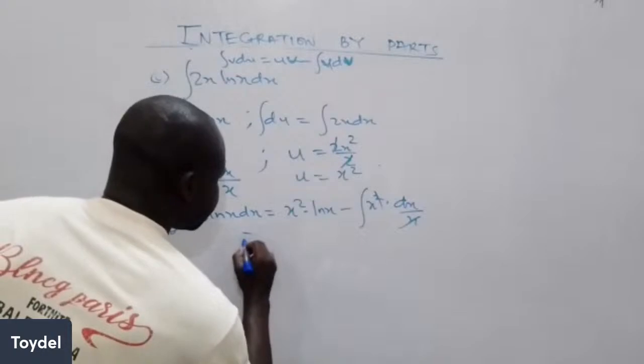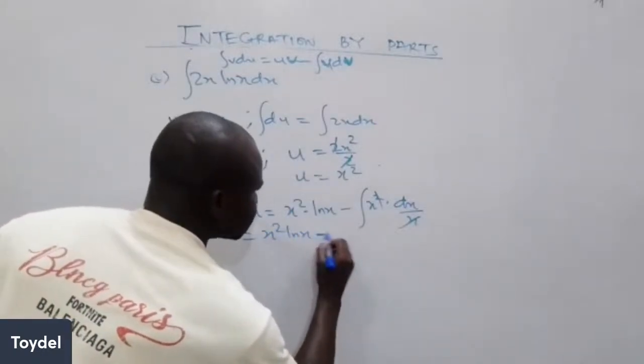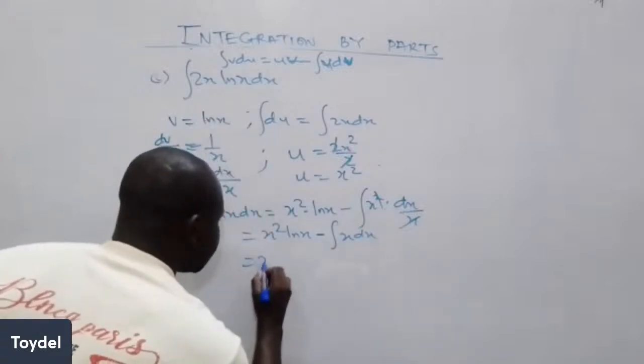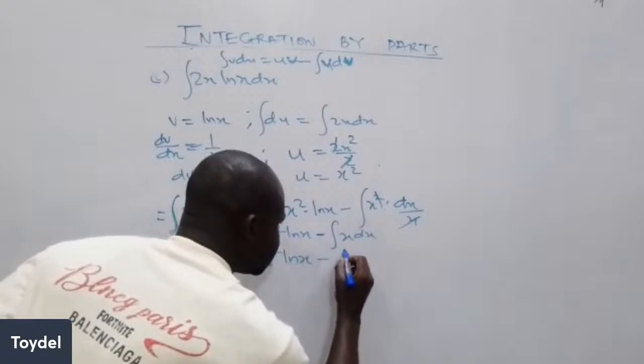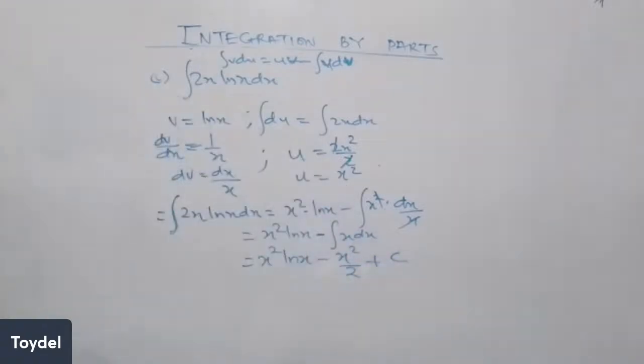Then here we have x squared ln x minus integral x dx. So here we are going to have x squared ln x minus, if I integrate this, x squared all over 2 plus arbitrary constant. That's what I'm going to get, which will be our final answer.